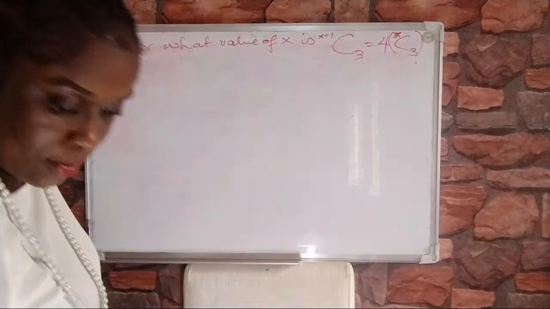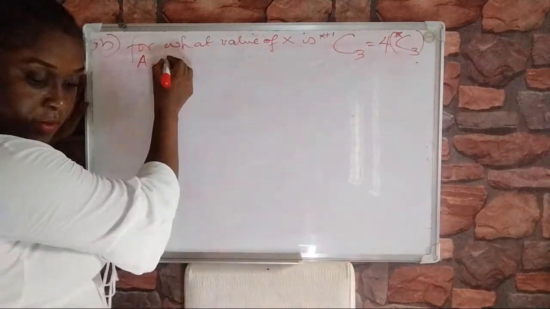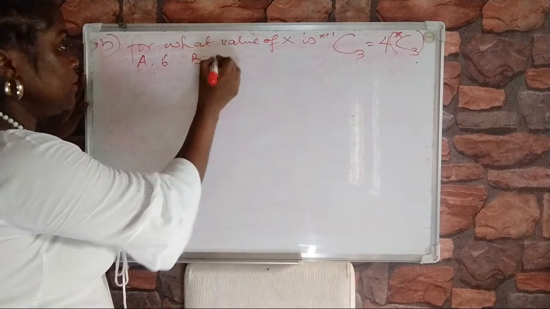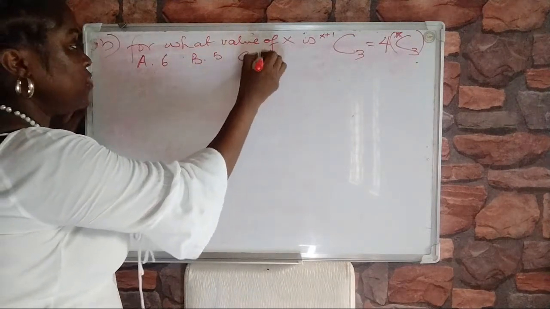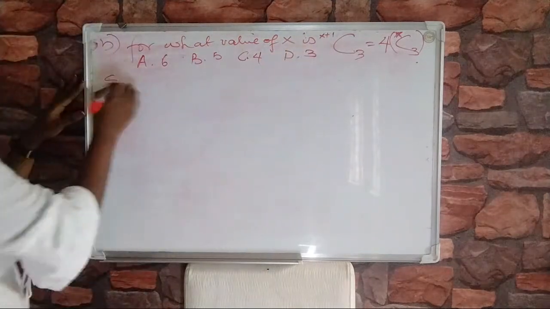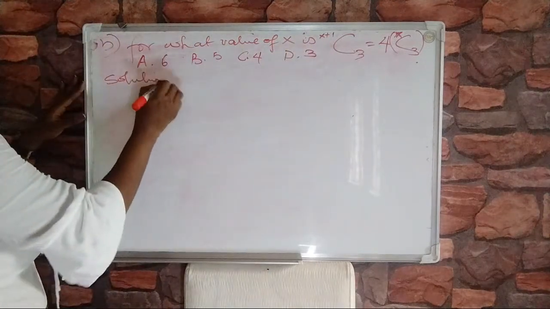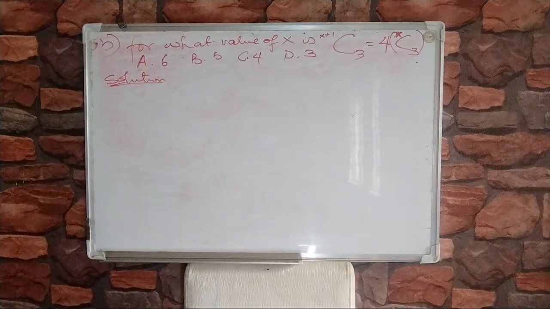Okay? Our options: A is 6. Option B is 5. Option C is 4. And option D is 3. Solution.